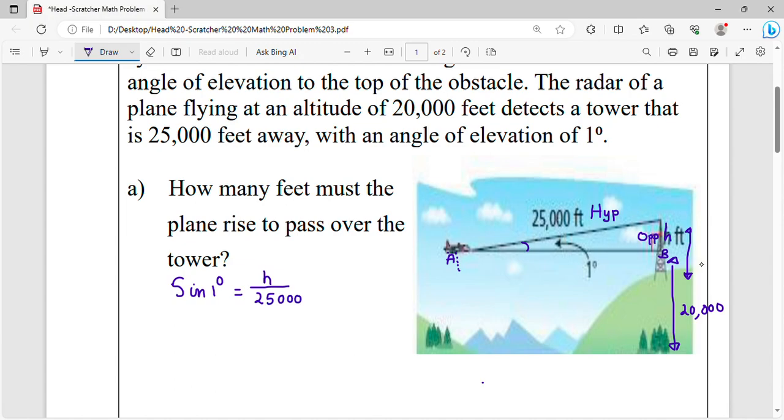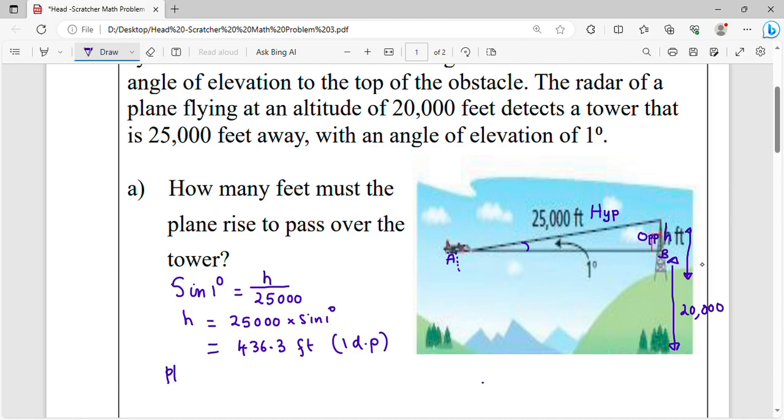Now if I cross multiply, I will get h equal to 25,000 multiplied by sine 1. If I use the calculator, this is equal to 436.3 feet, correct to 1 decimal place. Is that okay?